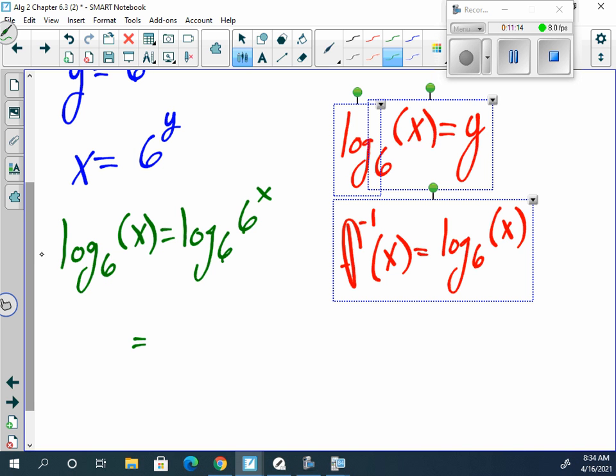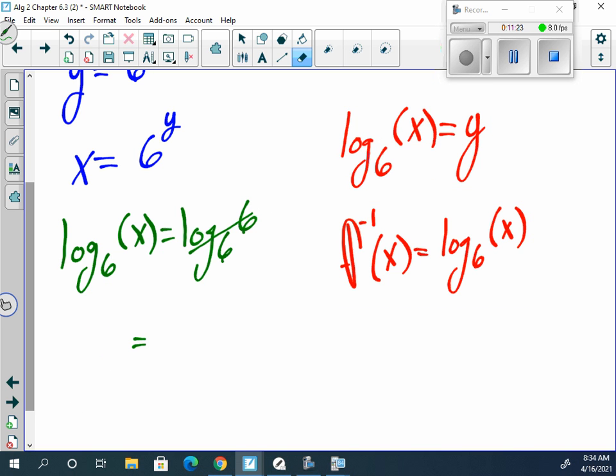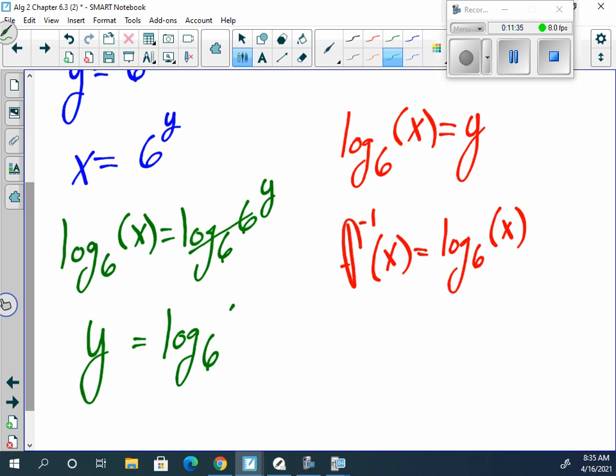Because over here, log base 6 of 6 simplifies out. Yeah, it should be y. Log base 6 of 6 to the y. It's going to get the y by itself. And what I have left over is log base 6 of x, which would tell us that it is our inverse.